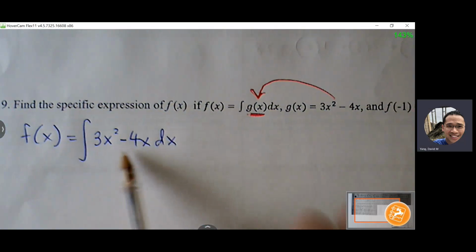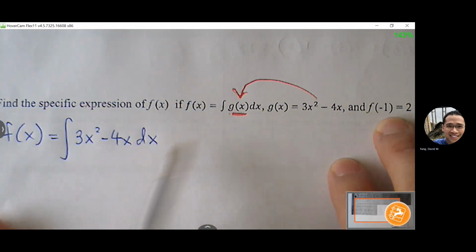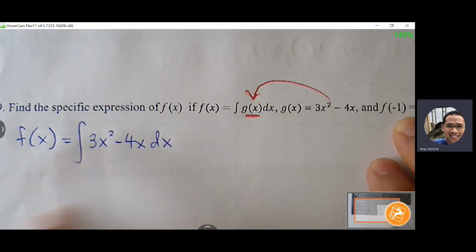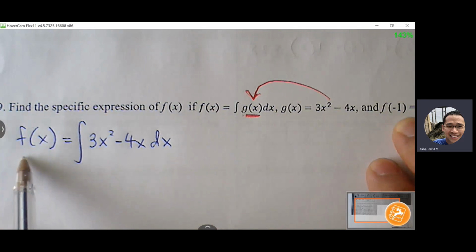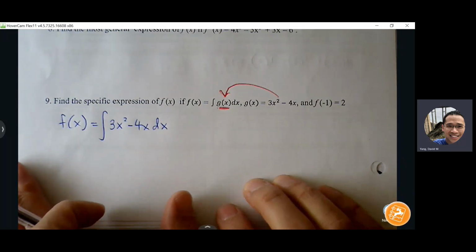If I can resolve this, then I'm sitting at the f of x level, and I can use this ordered pair to help me solve for c, and then I should be able to get my full specific expression for f of x. So I'm going to apply the power rule here.